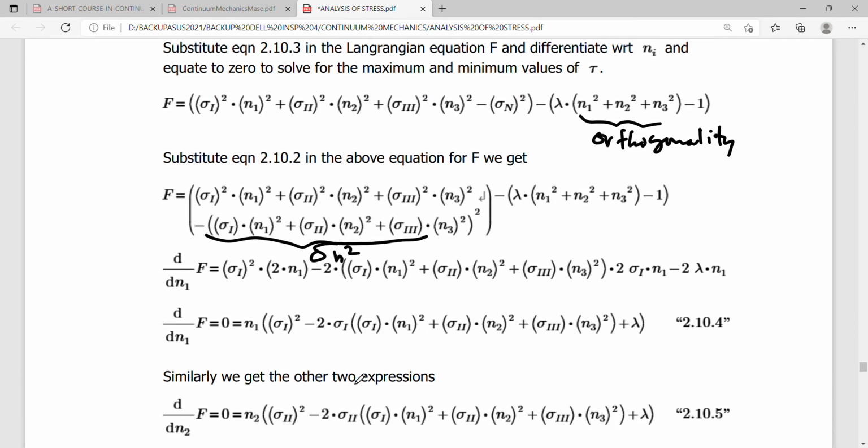And taking the derivative of this function f with respect first to the first normal vector n1, we will yield this result. So this is simply a derivative of the function with respect to the variable n1. So all of this that does not have any n1 values will simply vanish. Okay, so this will become sigma 1 squared multiplied by 2n1.